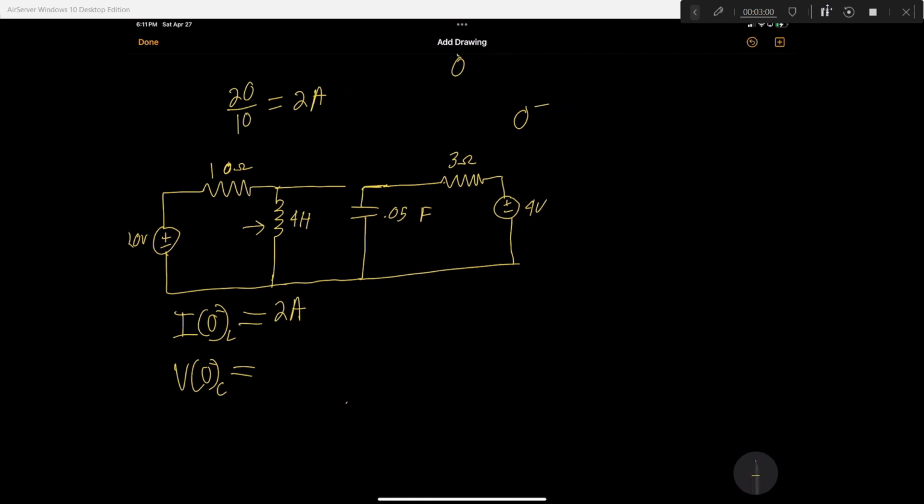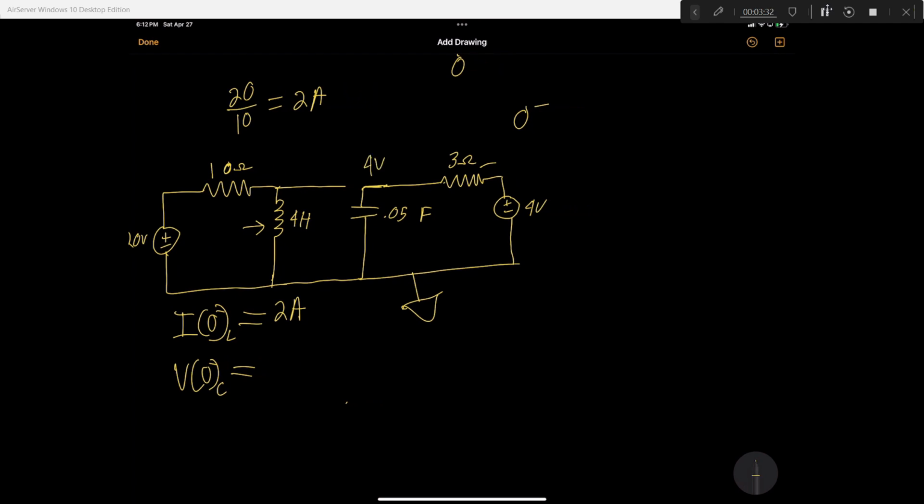Now what about the voltage initially across this capacitor? Well, the voltage is only going through one resistor, and then it goes through the capacitor and then to ground. This is ground. We'll make that noted. Since it's only one resistor, it's kind of a rule that all of the voltage will be after that resistor. So since there's only one resistor in between the capacitor and the voltage source, there's going to be a total of 4 volts sitting on that capacitor.